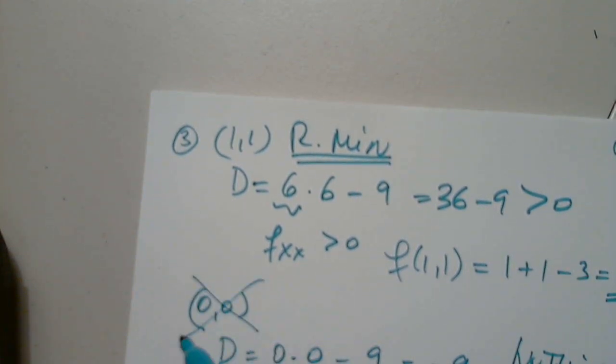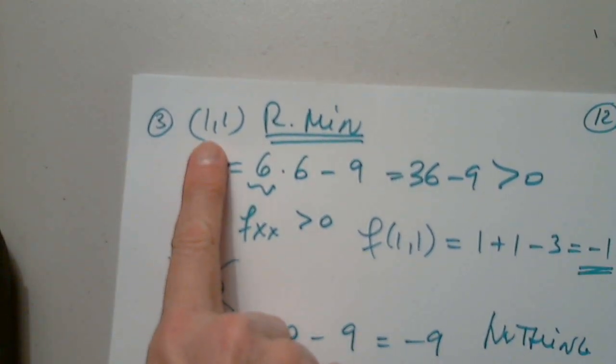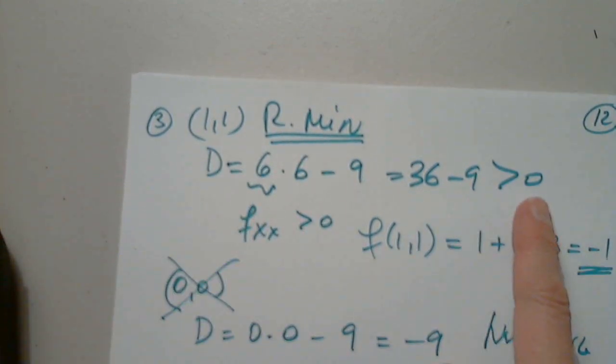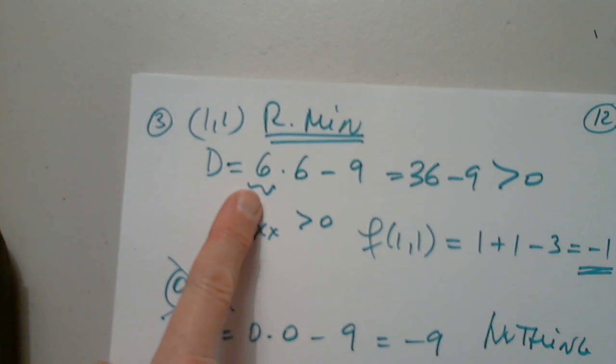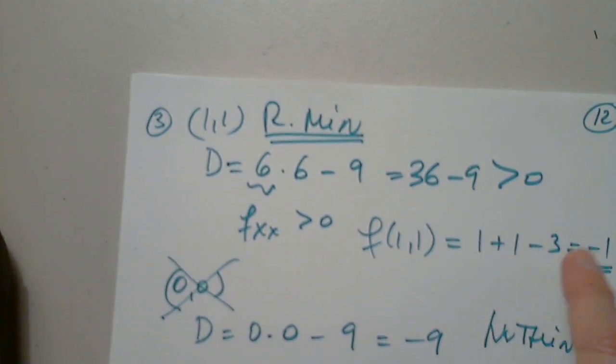But this is nothing. So the only point of extrema is 1, 1, a relative min. D turned out to be positive, fxx was positive, so this is a relative minimum. What is the relative minimum? I don't know, I have to plug it in. I went back to the function, I plugged it in, and 2 minus 3 is negative 1.